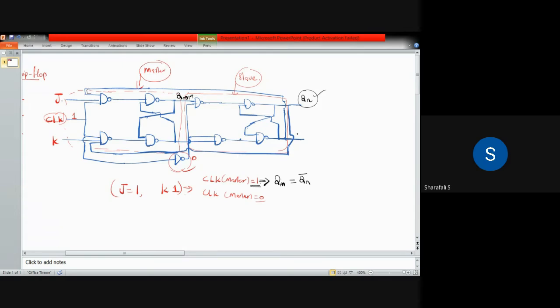And if you consider the next case, when your master clock is equal to 0, in that case your master is inactive, so the state will not change. And then we have the second JK flip flop.